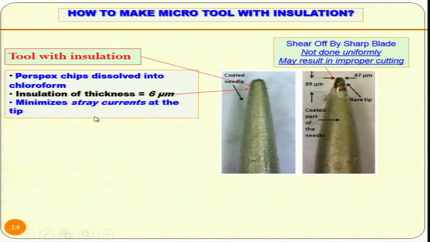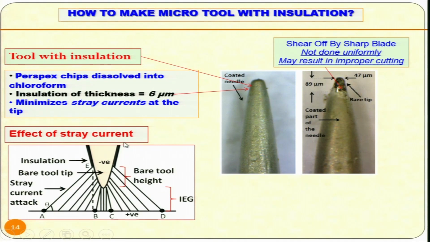For the tool with insulation that you have seen here, this insulation of thickness 6 micrometer is over there. This is to minimize stray current effect at the tip. As you can see, this is the uncoated tip as shown over here, and this is the coated part. You can see here current is flowing from the uncoated part and it is able to machine at a much larger distance rather than just machining below the tip, and this is known as stray current effect.